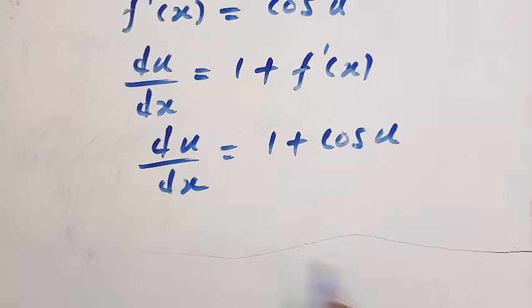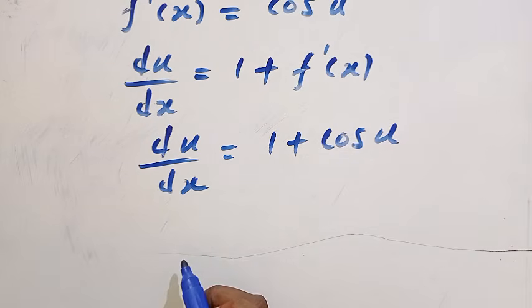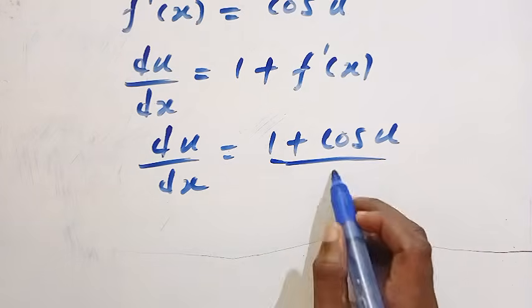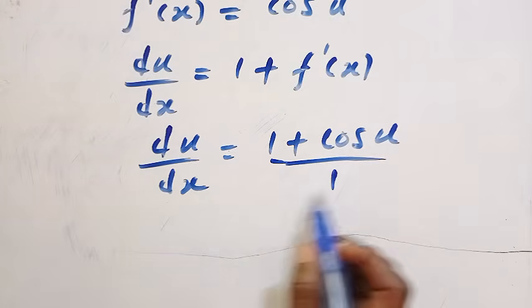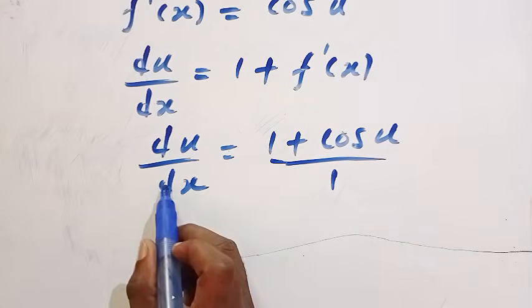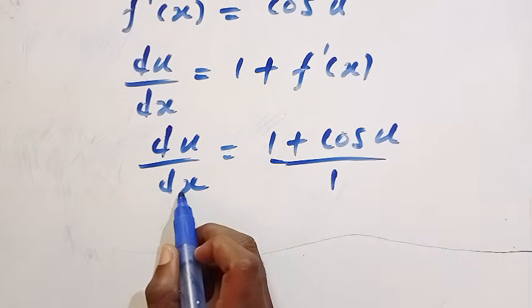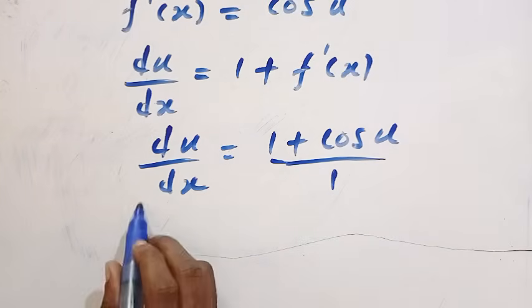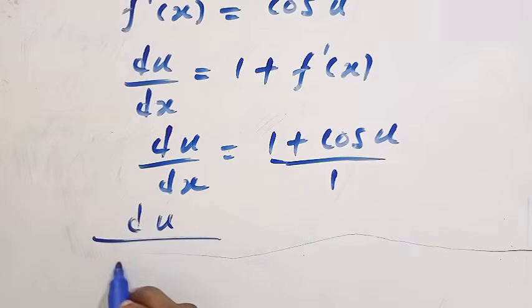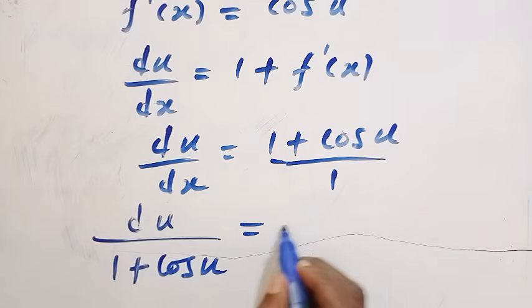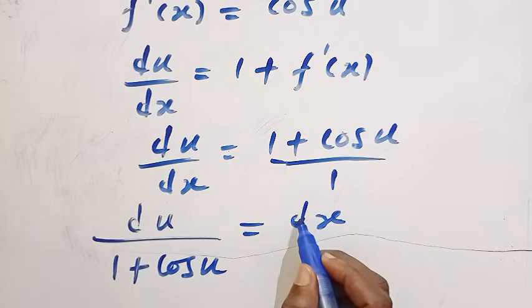Then let's apply the separation of variables technique. We want to separate the variables, so by multiplying by dx and then dividing by 1 plus cos u, the end result is du over 1 plus cos u equals dx.